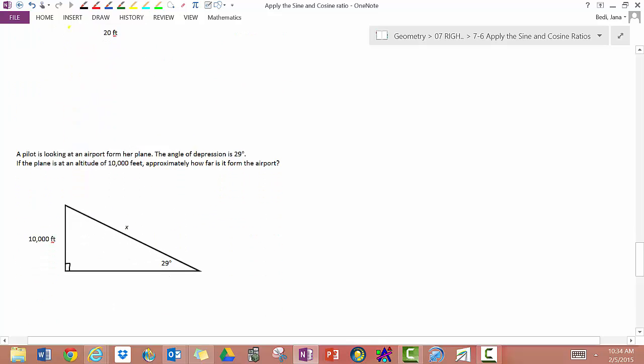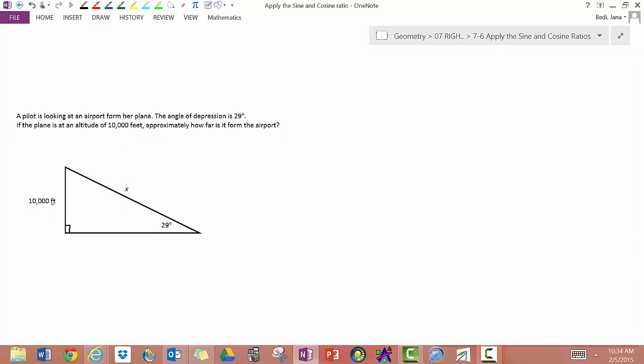Next problem. It says a pilot is looking at an airport from her plane. So let's say this is the plane here. The altitude is 10,000 feet. So altitude is the height. That's 10,000 feet. The angle of depression.